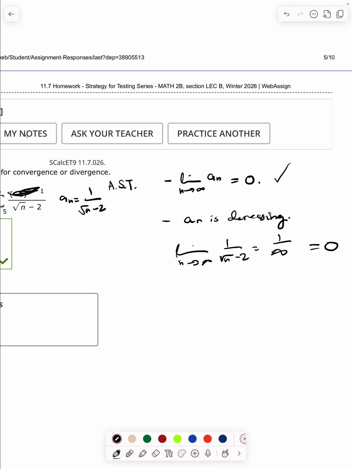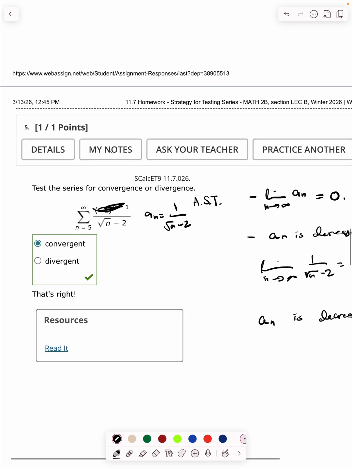Now let's check if the second condition is met. An is decreasing is really asking, on the interval that we define the series from n equals 5 to infinity, is this series decreasing?